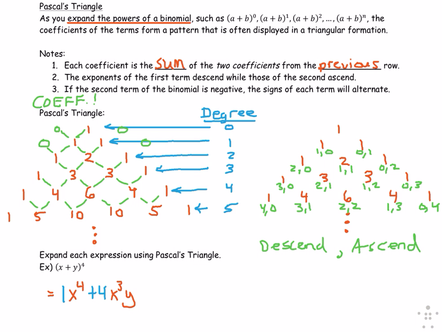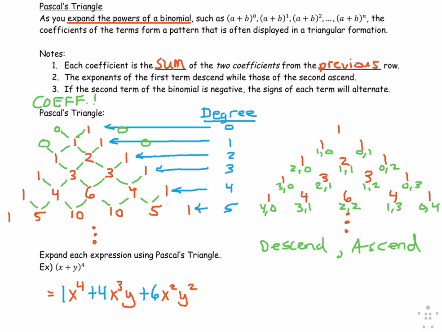And I repeat this process for each number in that row of Pascal's triangle. So then I go back here, grab a 6 for the coefficient, and then I'm continuing to descend with the first term's power, and then ascend with the second term's power.